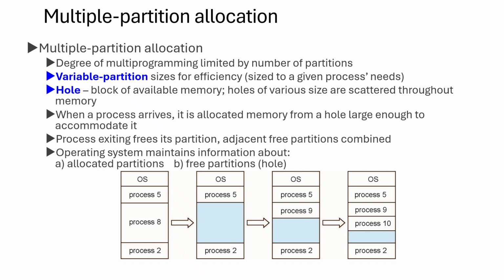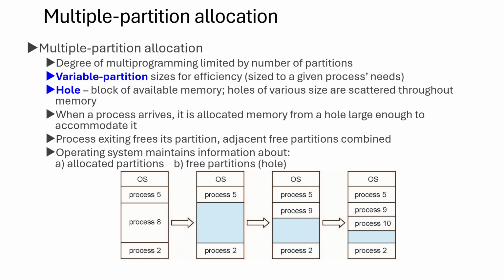Then multiple partition allocation. Here the degree of multiprogramming is limited by the number of partitions. In variable partition, the size is given efficiently. A hole is a block of available memory; if you allocate in between, you have some memory that cannot be used by any other process.